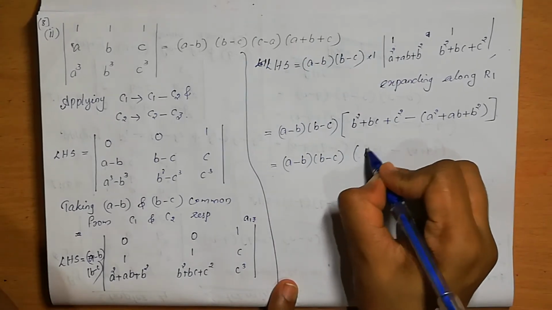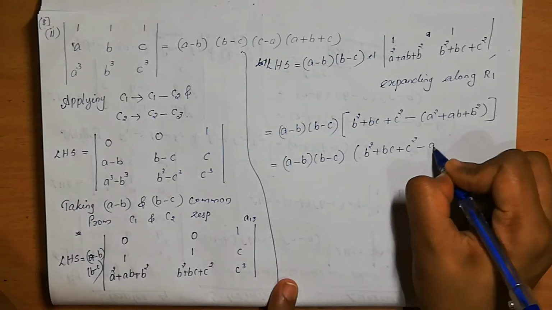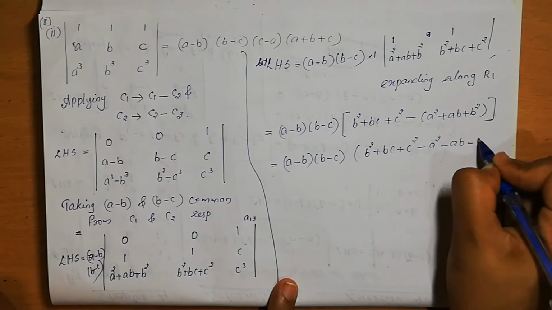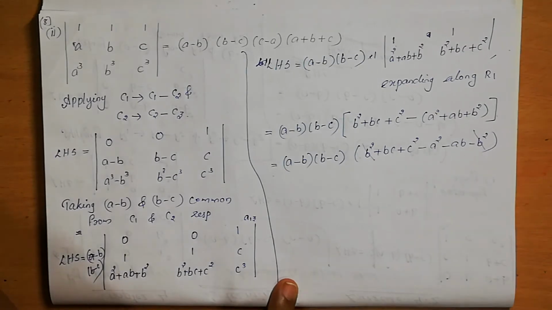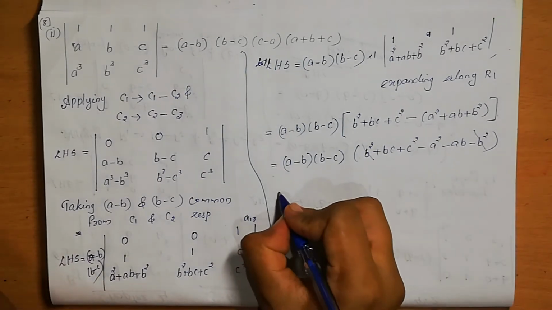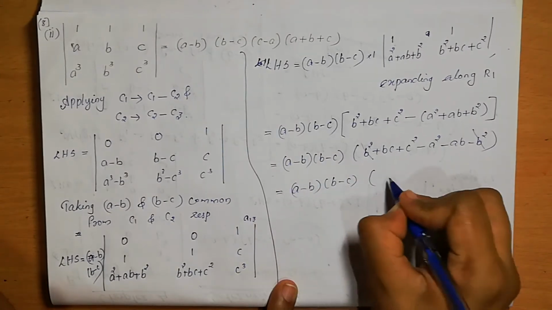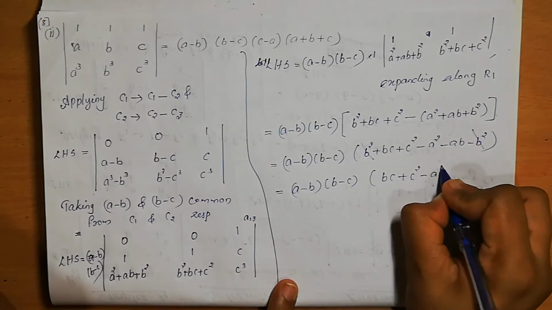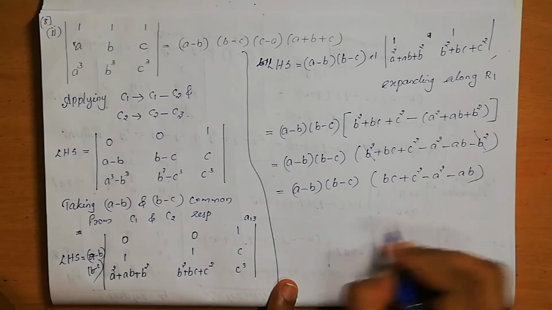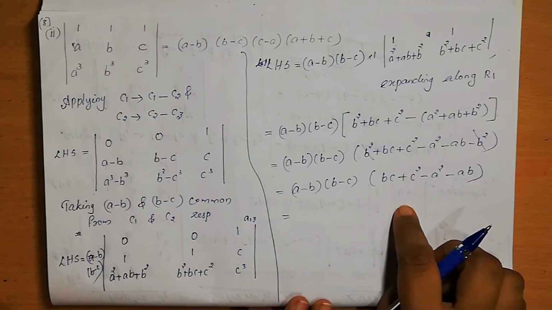Next we open the bracket: b square plus bc plus c square minus a square minus ab minus b square. The b square and minus b square cancel, only that much, right? So (a − b)(b − c) times (bc + c square − a square − ab). Here we need c − a common again. How we can take c − a as common, that is what we are going to check.